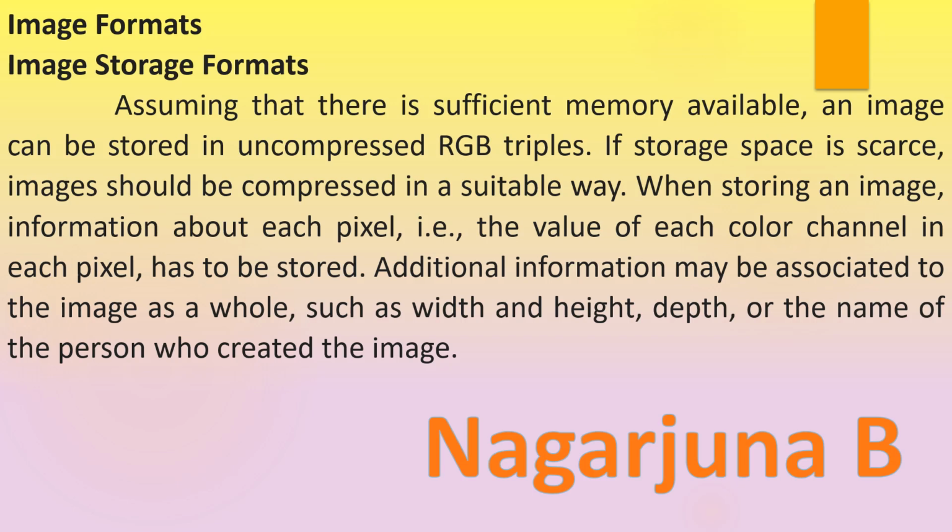Additional information may be associated with the image as a whole, such as width, height, depth, and even the name of a person who has created the image can also be stored as additional information with the image information. That means the information of an image consisting of the color triplets, the values of an image, along with that the additional information such as height, width, depth, and the person who created the image can also be stored.